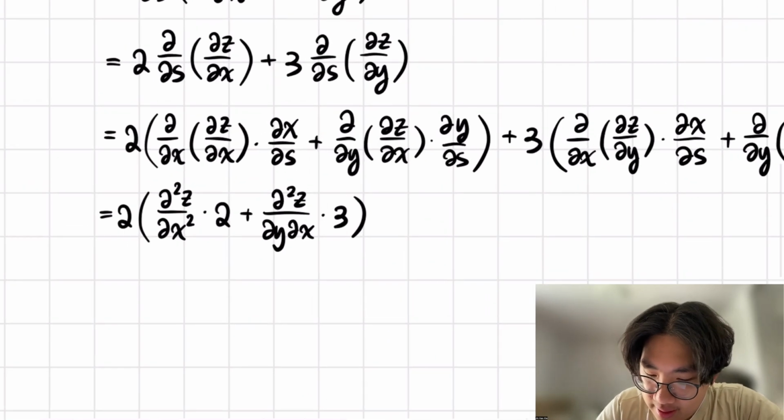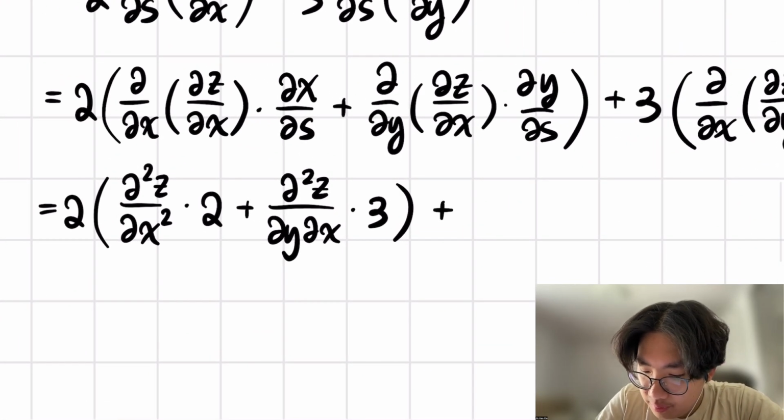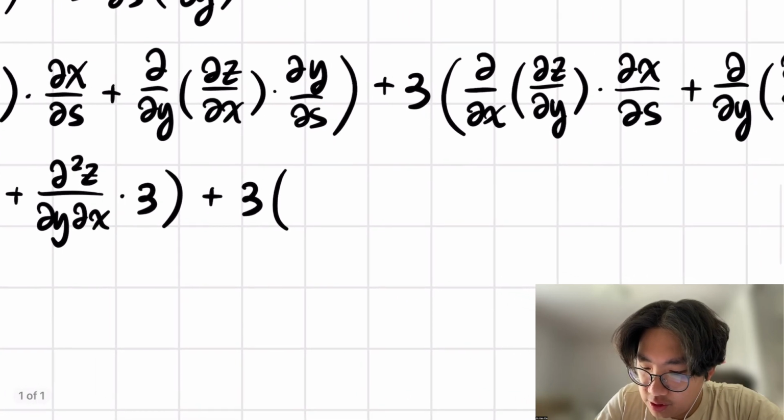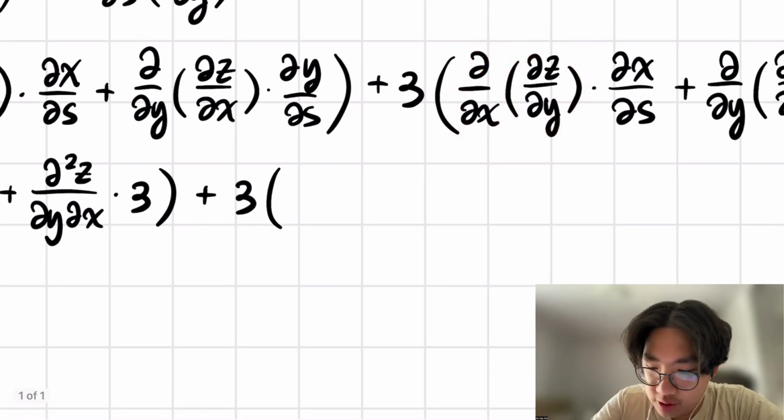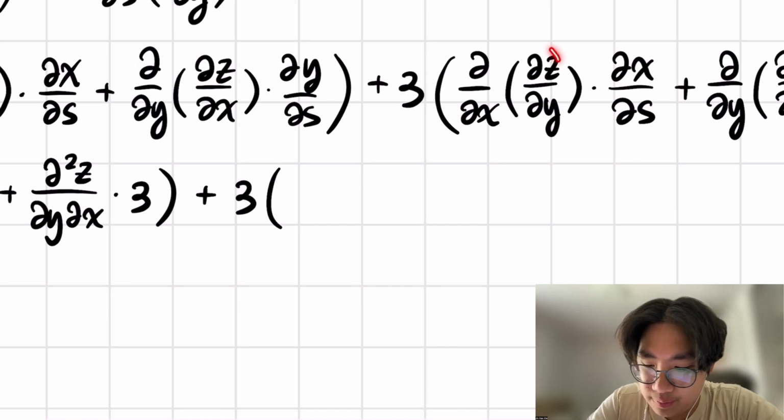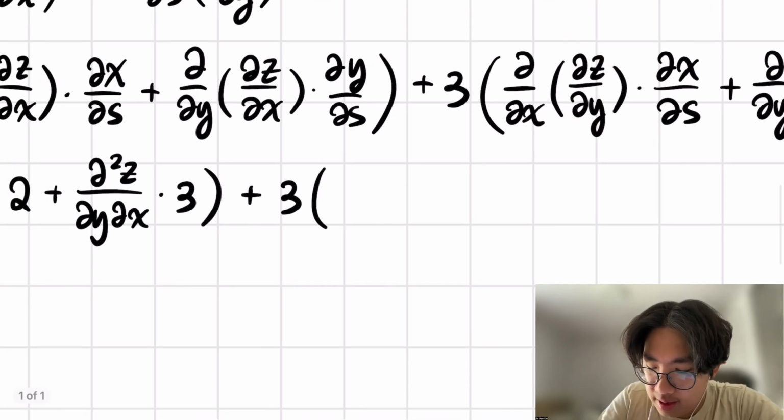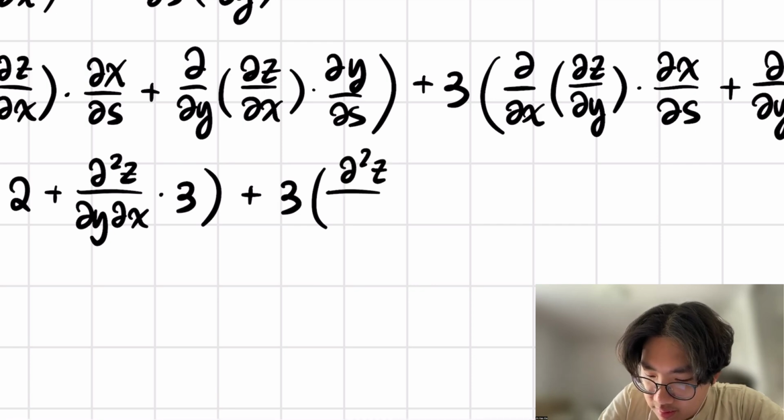Yes, okay. And then we have 3 times the following. So partial over partial x of partial z over partial y. We have this is equal to partial squared z, all divided by partial x, partial y.